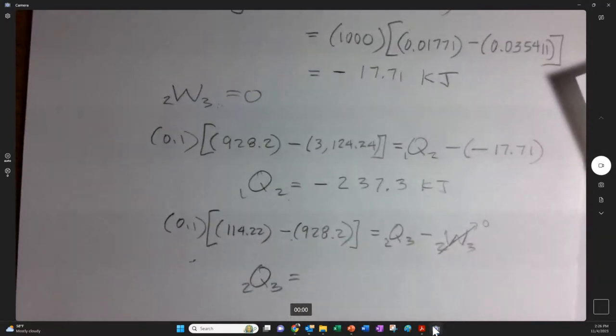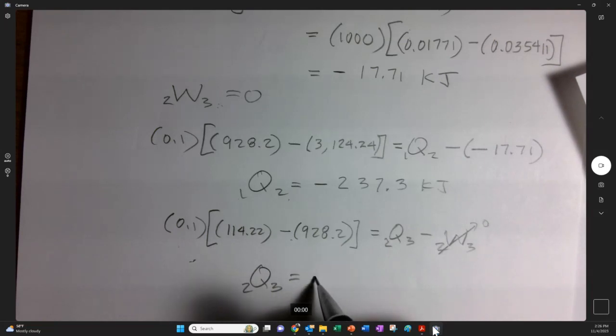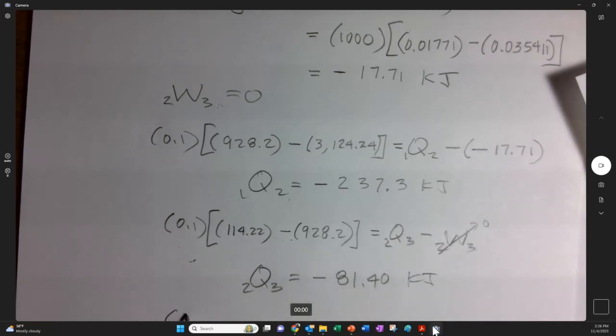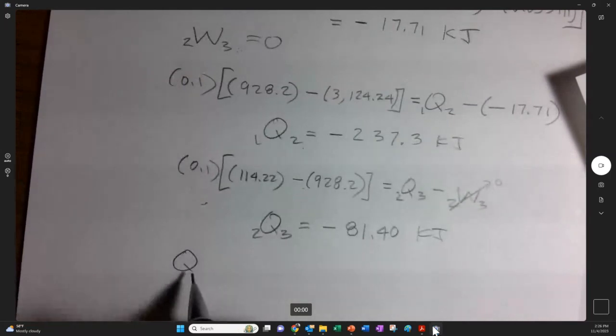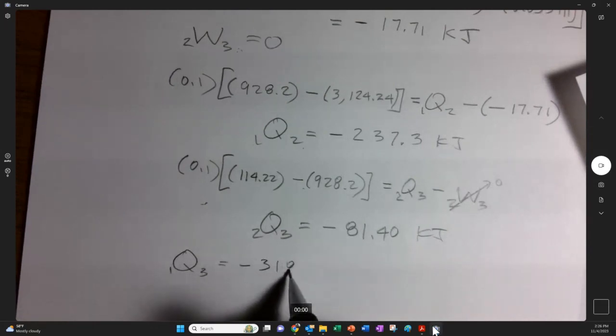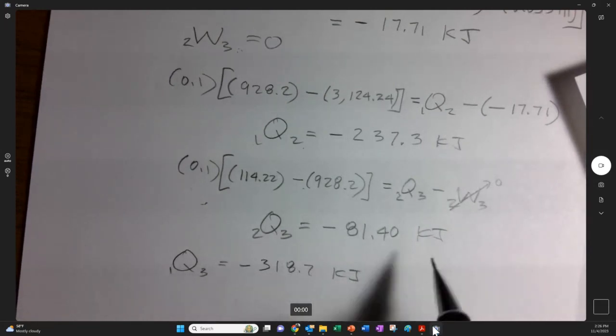And so Q2 to 3 should be 0.1 times (114.2 minus 928.2), and we're left with negative 81.40 kilojoules. The total amount of heat between 1 and 3, putting those together, is going to be negative 318.7 kilojoules.